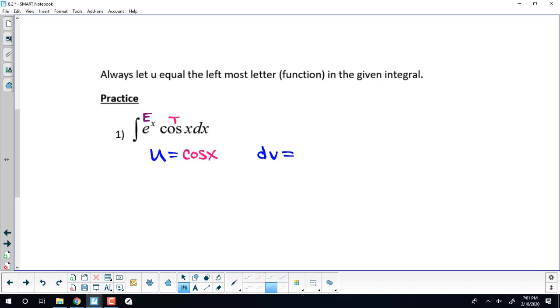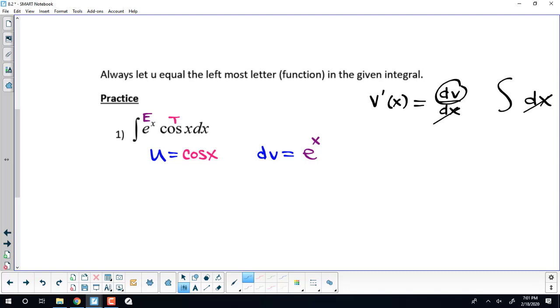Is that it? e to the x. Remember when we derived the formula that we had v prime of x? We wrote that as dv over dx. And when that multiplied the differential from the integral, those two things canceled out and we just had dv, right?